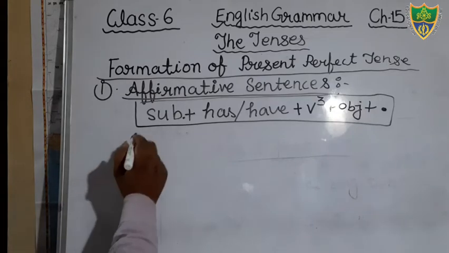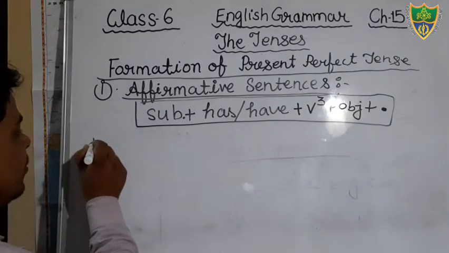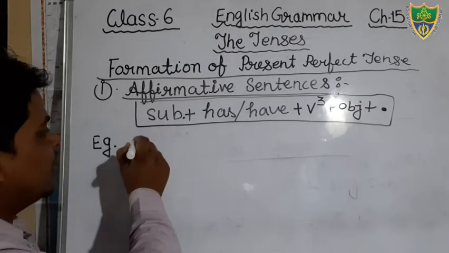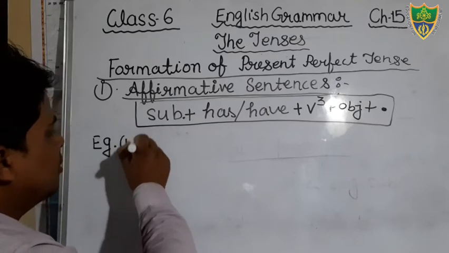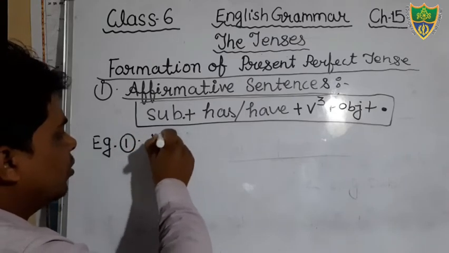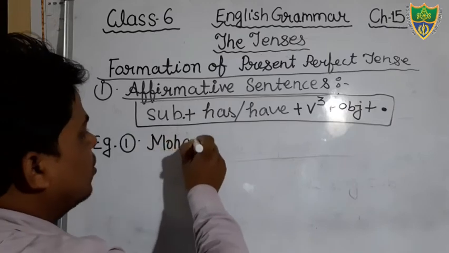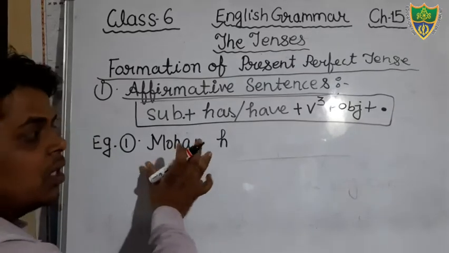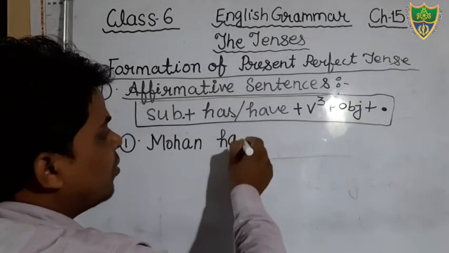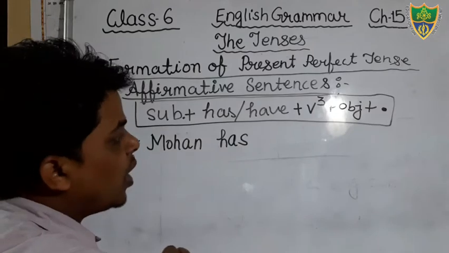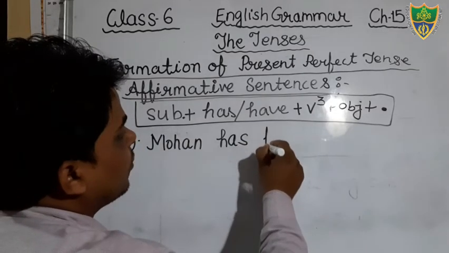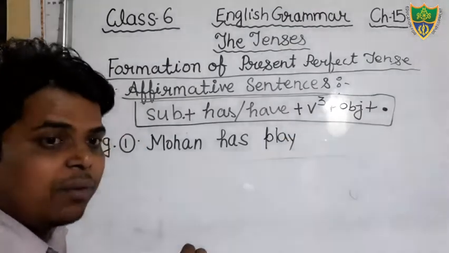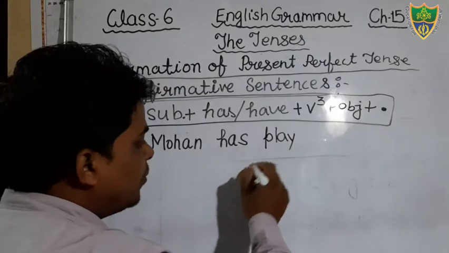So just see students, we can look at example sentences. Suppose that I have written the subject in singular, Mohan has. Mohan is a singular subject, therefore we will use the helping verb has. Mohan has. Suppose that your verb is play, then what would be the third form of the verb? The third form of the verb will be played.